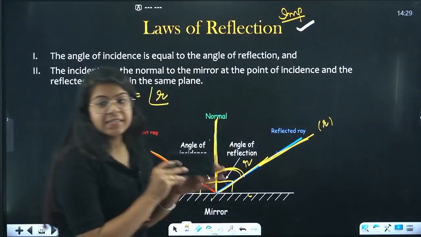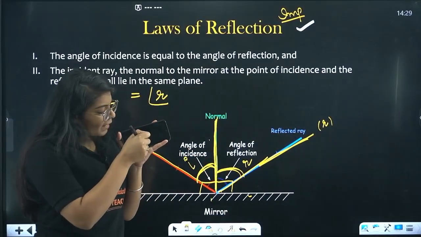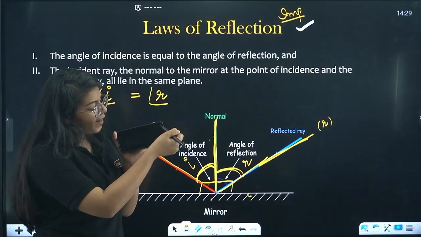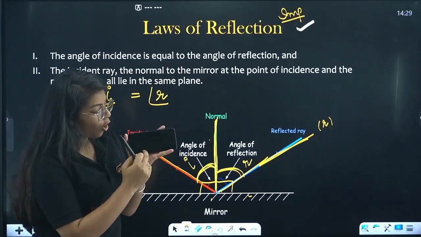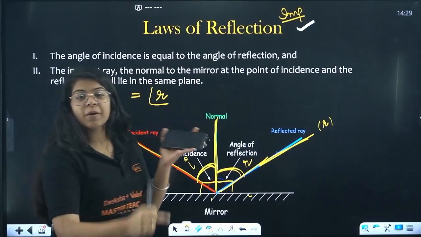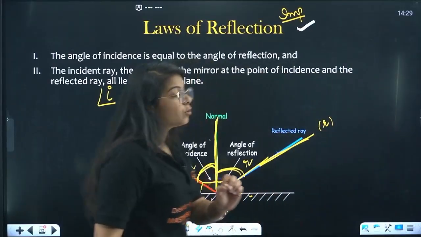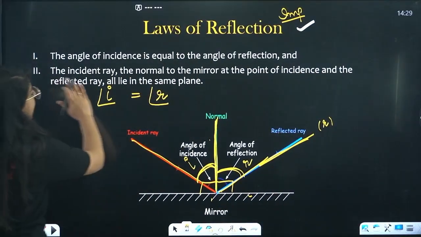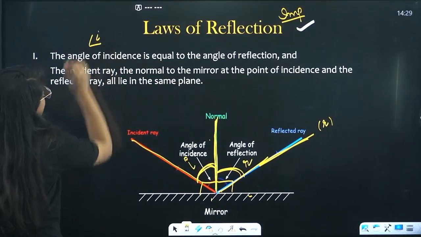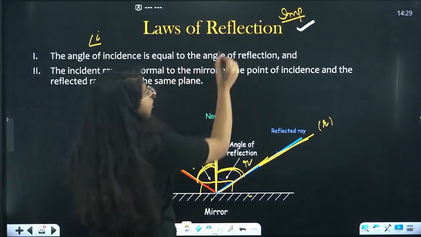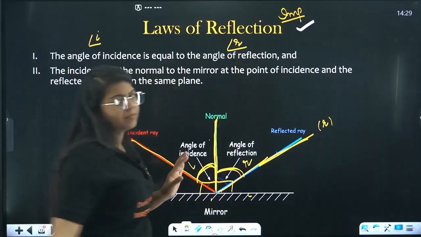Done. So they all will lie on the same plane. See, let's say this is a plane, okay? Incident ray came, reflected ray went, and this will be the normal. The normal will not be like this, coming out of this plane, okay? Done. So those are the two laws of reflection. Let's read it. The angle of incidence is equal to the angle of reflection. Done. Very easy.